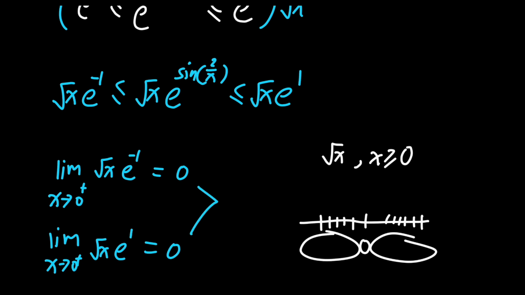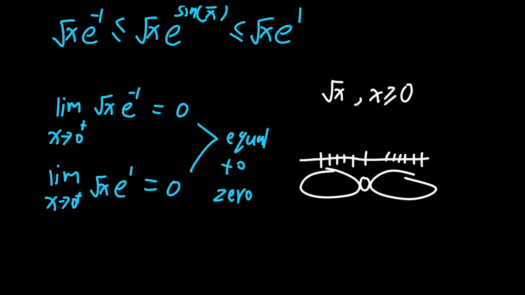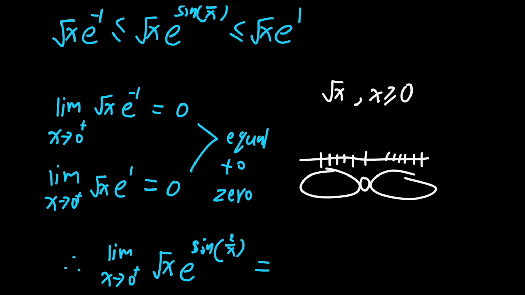So they both equal 0. We can conclude that the limit of this middle function is still 0 as well. So therefore, the limit of this middle function equals 0 by using the squeeze theorem.